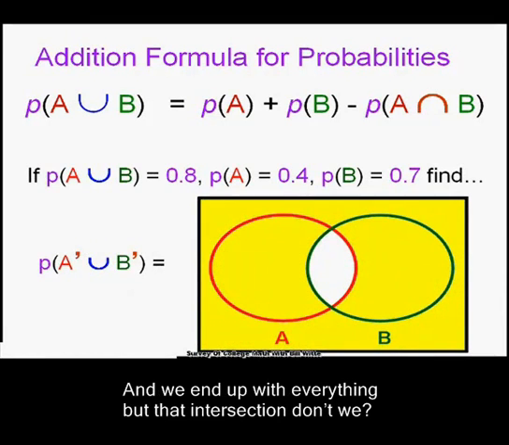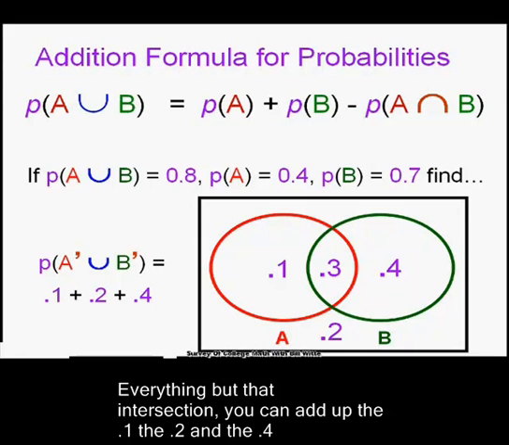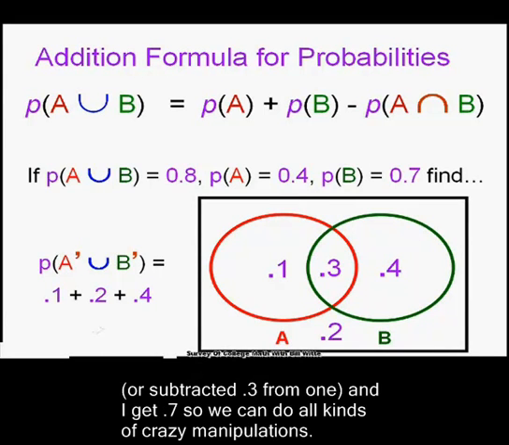That means we have everything but that intersection, don't we? Everything but that intersection, you can add up the 0.1, the 0.4, and the 0.2, or subtract it from 1. And you get 0.7.